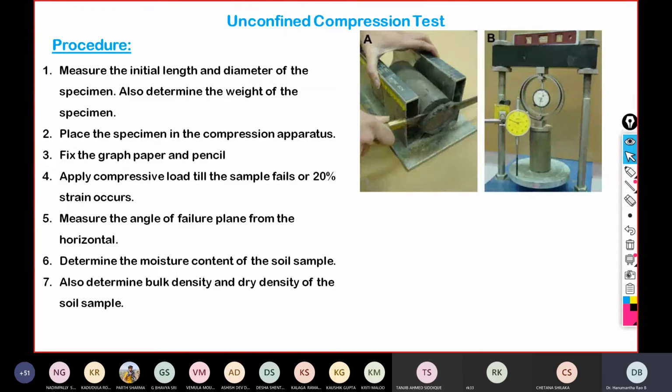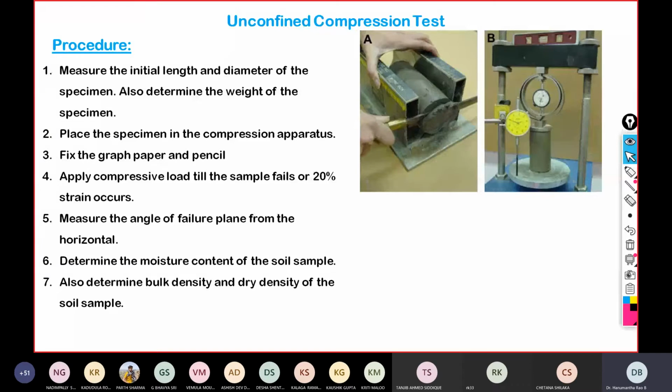Since we know the strain rate and the time, we can calculate what percentage of strain has been applied. Based on the calculations, when you reach 20% strain, you can stop the experiment. This is only in case you are not getting a well-defined failure plane.